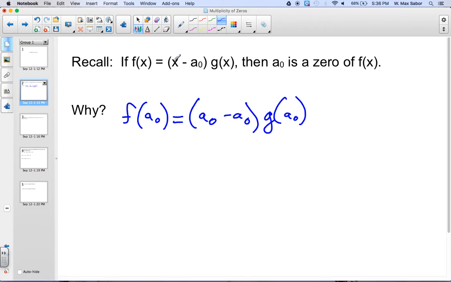So I just substituted a naught in for x, and then I'm going to get 0 times g of a naught. So it's not going to matter what the rest of the function is. All of the 0 times whatever will give us 0. So that means that as soon as some factor x minus a naught appears, then a naught has to be a root.